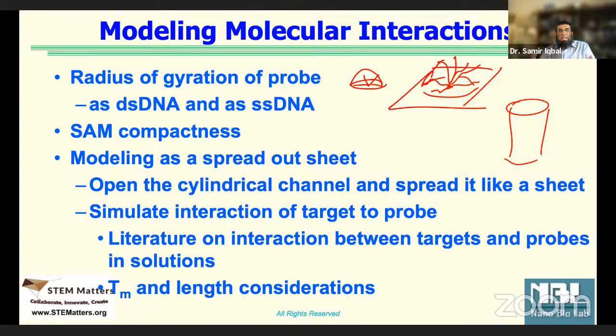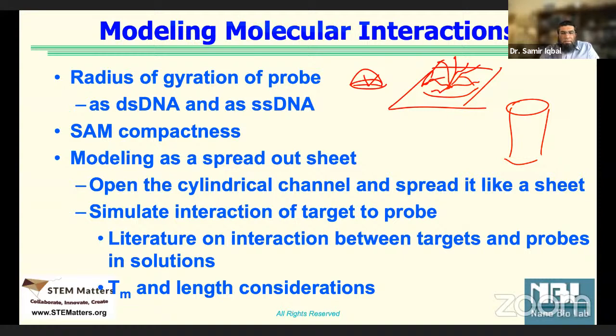We actually calculate how much concentration of the solution we would make to get what kind of compactness on a surface. If you have a cylinder, we can open it up and treat it as a sheet, and then transfer it into the cylinder and see how the molecule spacing and compactness change.